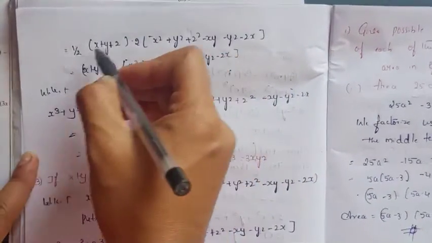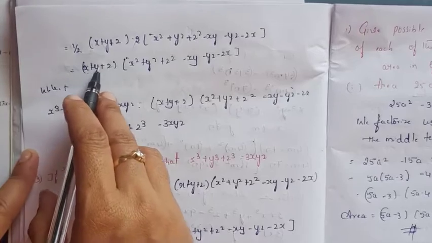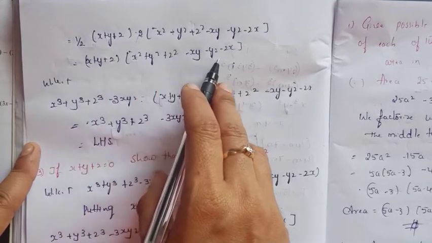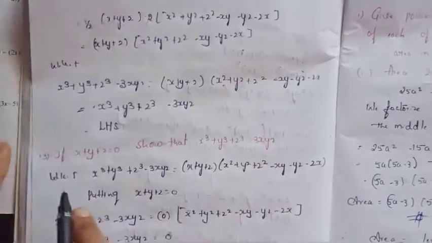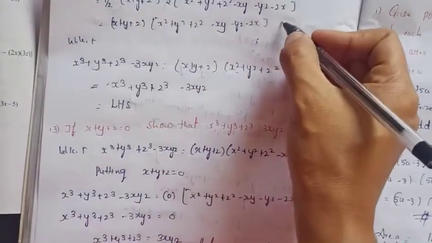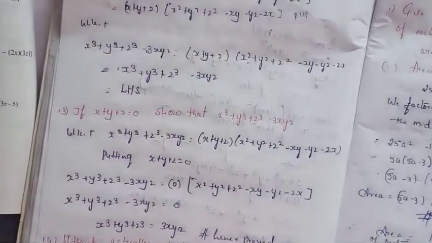Here the 2 cancels and we remain with x plus y plus z into x square plus y square plus z square minus xy minus yz minus zx. This is the RHS part what we solved.